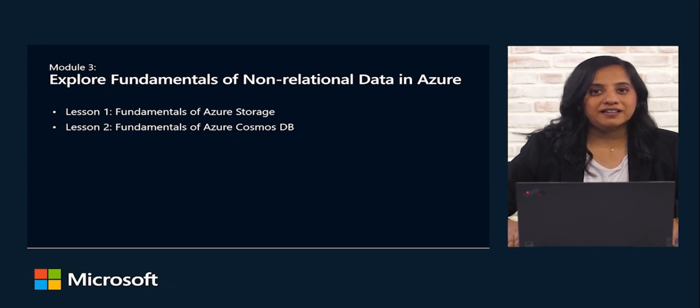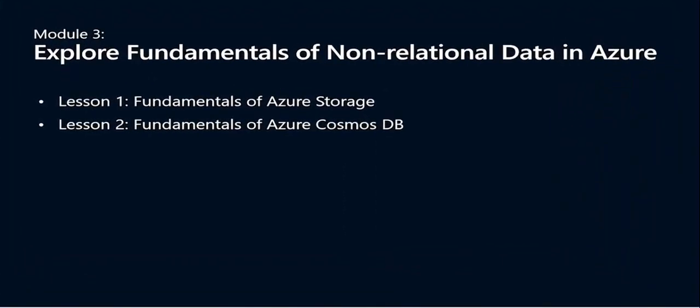These models store data in other structures such as documents, graphs, key value stores, and column family stores. So, in this module, we will explore two non-relational services in Azure. One is storage, our first lesson, fundamentals of Azure Storage, and lesson 2 will cover Azure Cosmos DB.